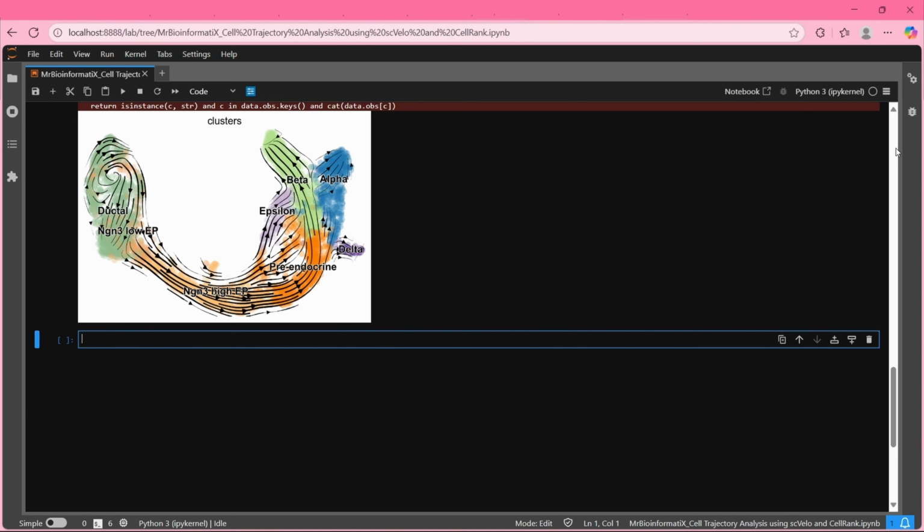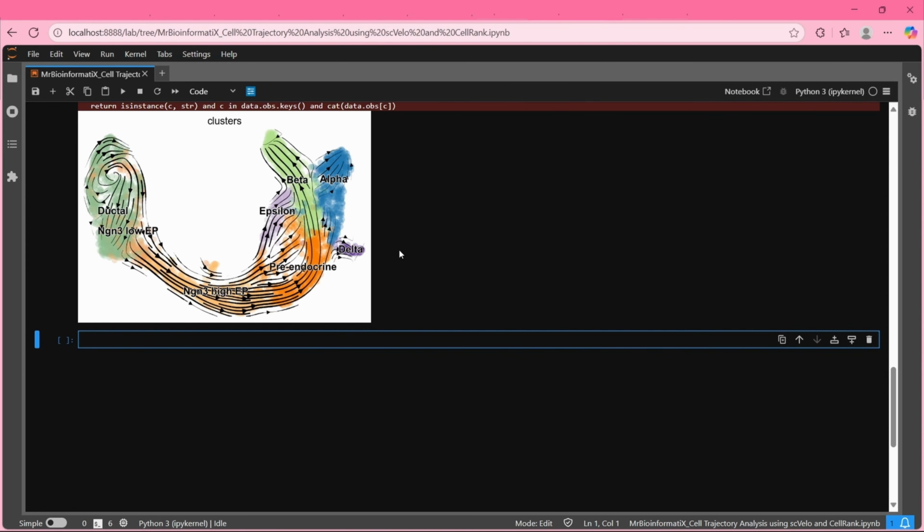In our dataset, which is pancreas development data, the main developmental process is endocrine differentiation, how precursor cells become hormone-producing cells like alpha, beta, and delta.